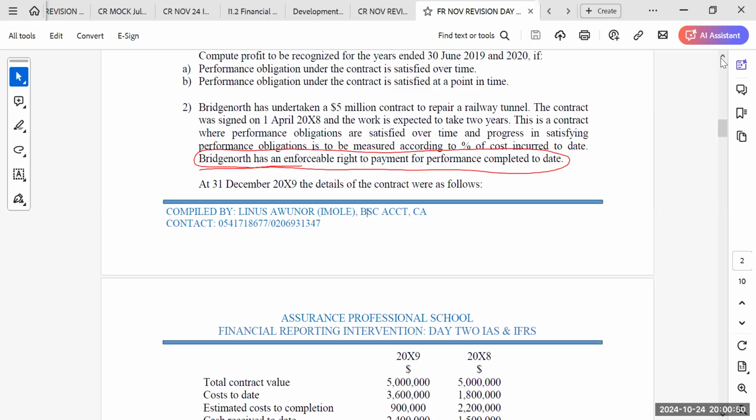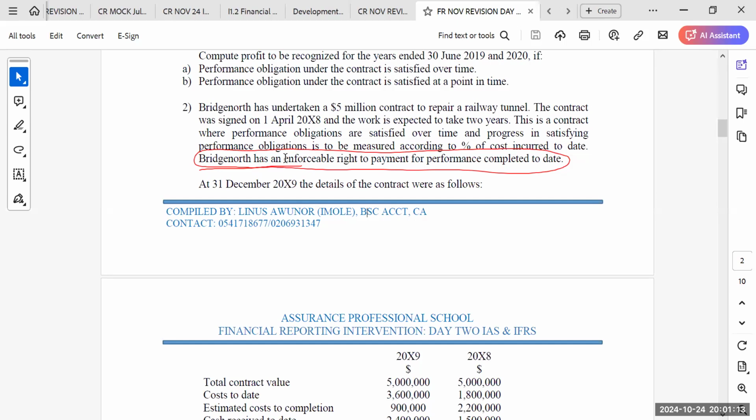In that case, this particular contract cannot be recognized over time. Because if you are receiving payments after delivery, it means that you are receiving payments after the customer has accepted delivery of the items. So it means that you have to recognize the revenue when the customer receives the items. So they can give you all these things and change everything.